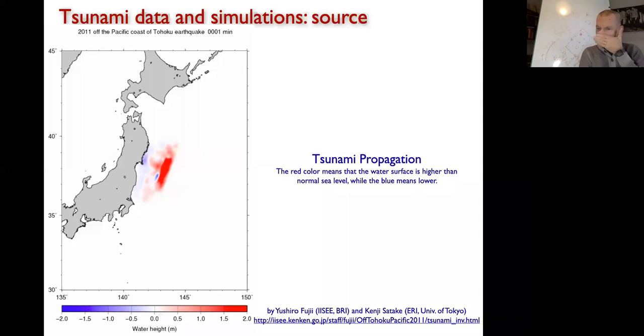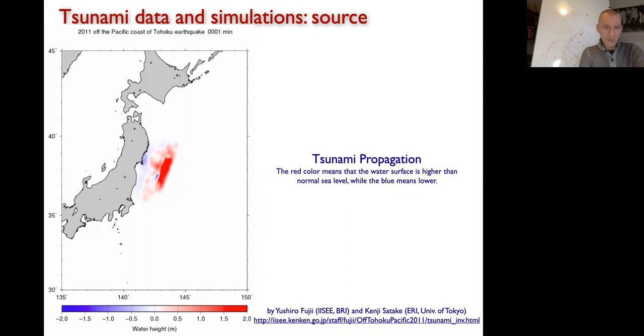So we have seen the animations of the motion recorded and simulated. We have seen simulations of the rupture, with also the message that the rupture was lasting maybe 2 minutes. So it was a complicated and beautiful kinematic process there.